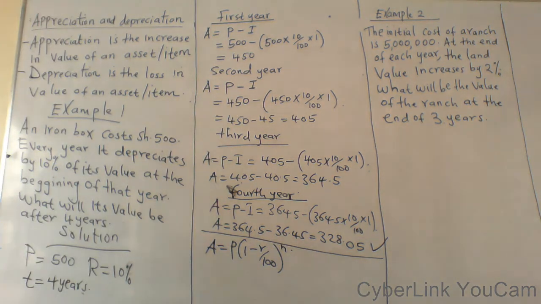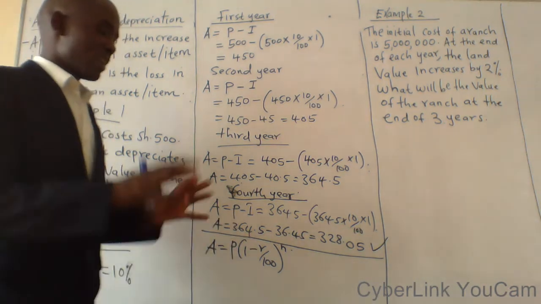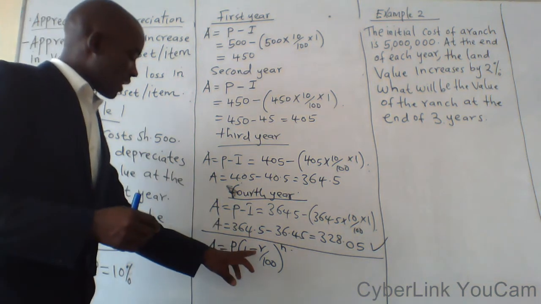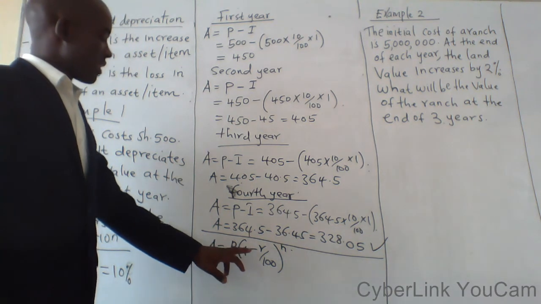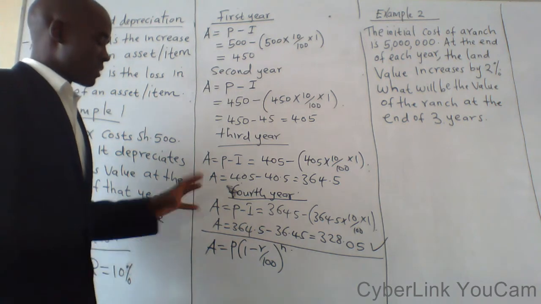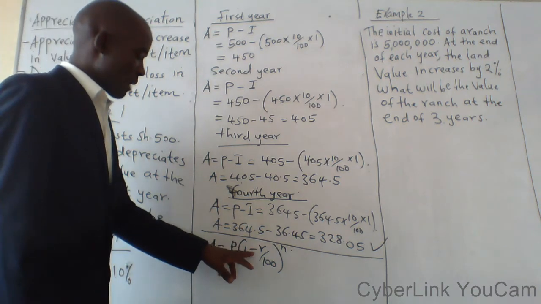When we talk about depreciation, you take the compound interest formula and this sign changes to a minus. If it is appreciation, the sign remains a plus. But if it is depreciation, we use a minus sign.